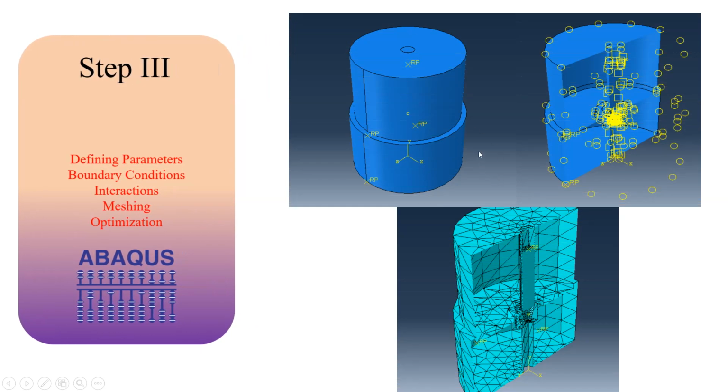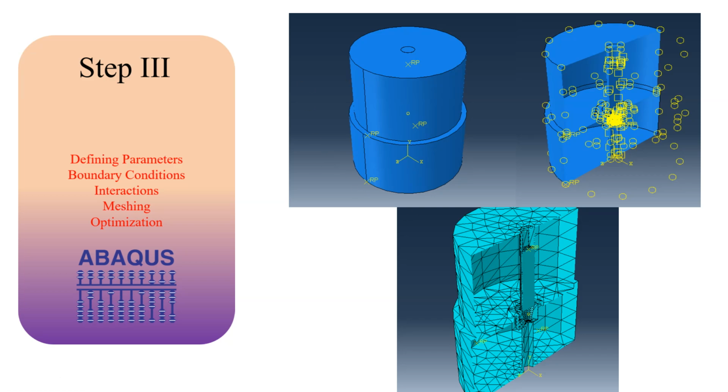I will talk about it in detail in the ABAQUS software section, but I provide some pictures about this process. As you can see, at first I defined the assembly for our process.